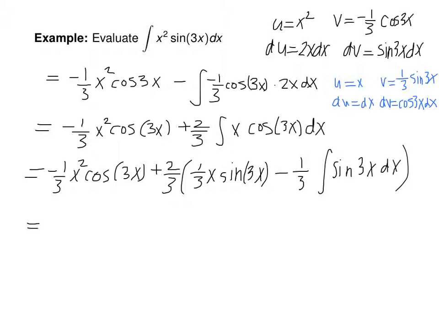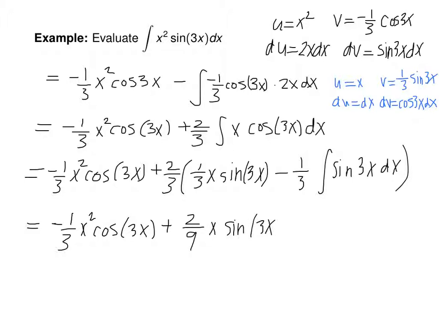So that gives us negative 1/3 x squared cosine of 3x plus 2/9, by multiplying that 2/3 through, x sine of 3x minus, now the antiderivative of sine of 3x is negative 1/3 cosine of 3x.